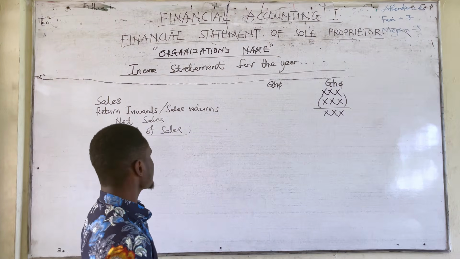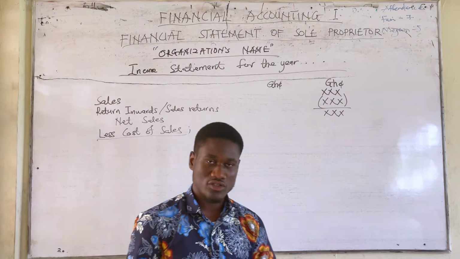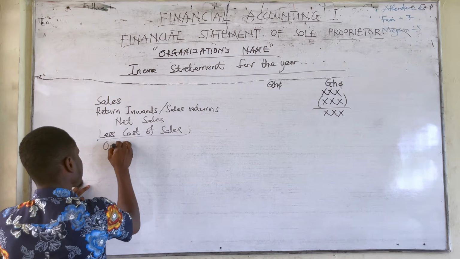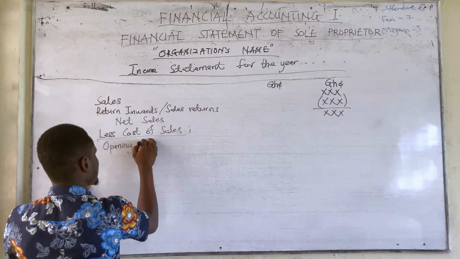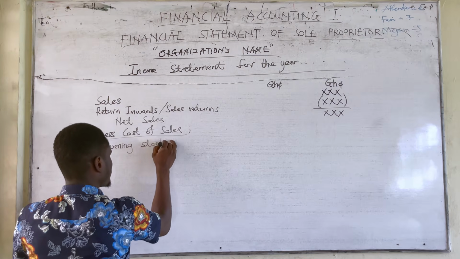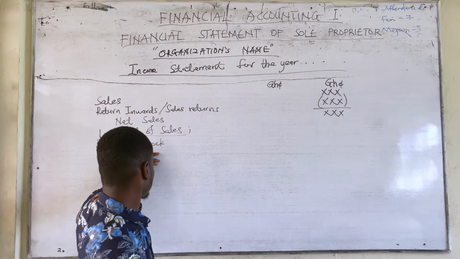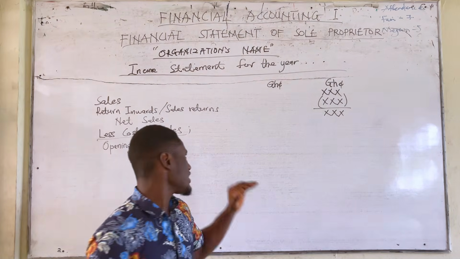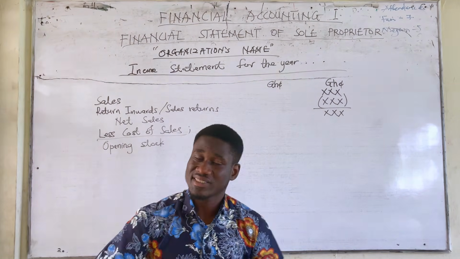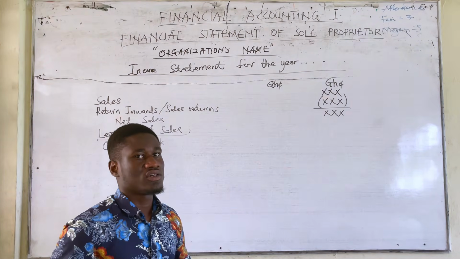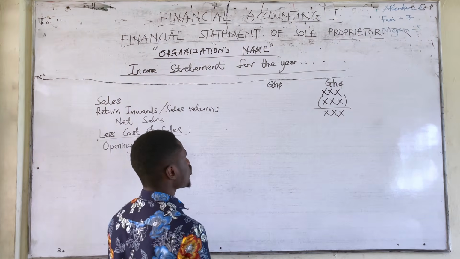With the items under the cost of sales, you first have to know that the format has to start with the opening stock. Good. So with the opening stock, this is how you see it. Stock is an asset, so you will see it at the debit side of the trial balance, and you show that one here.